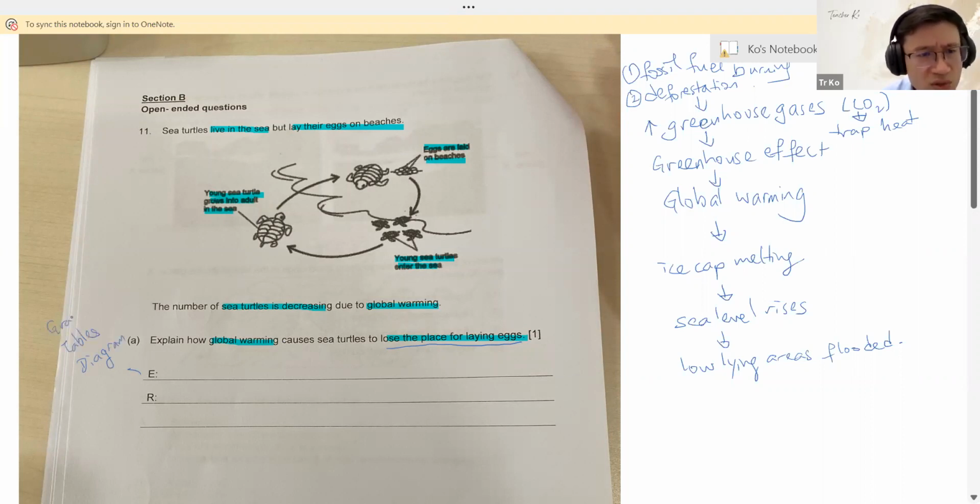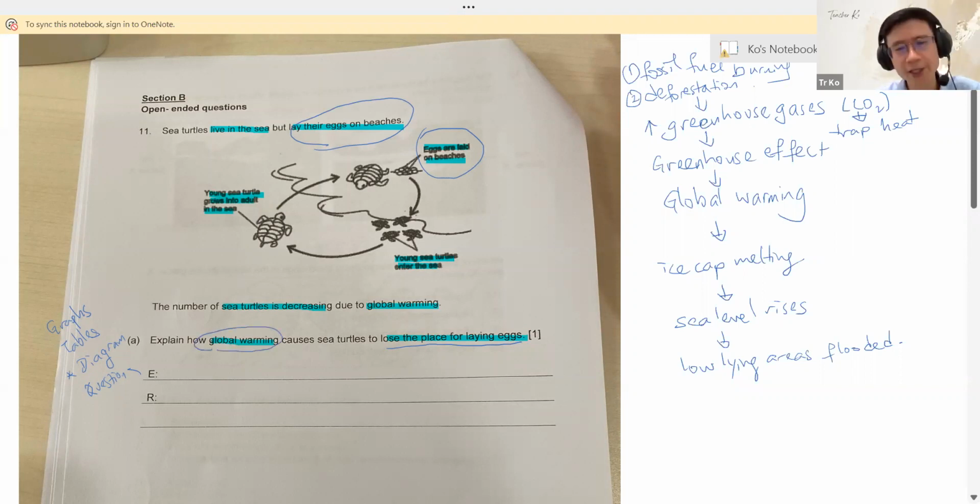In this case, there are no tables or graphs, but there is a diagram, and of course the question itself. So I'll take it from the diagram, which is this one, but it is also mentioned in the question. So these two are our evidences, as well as global warming.